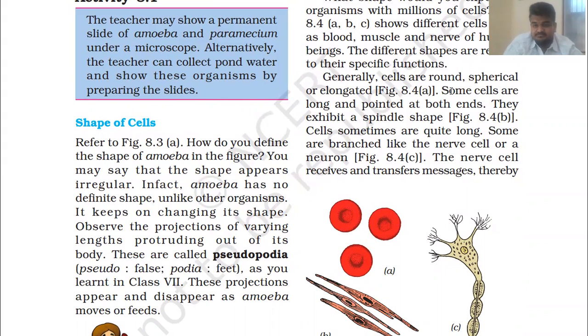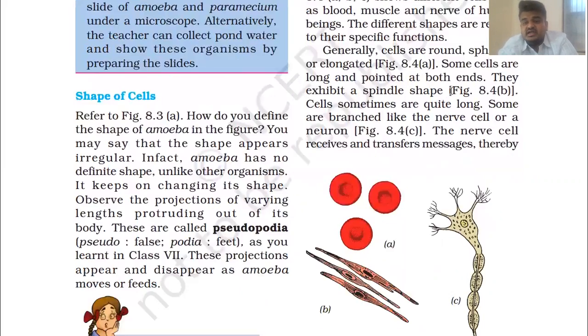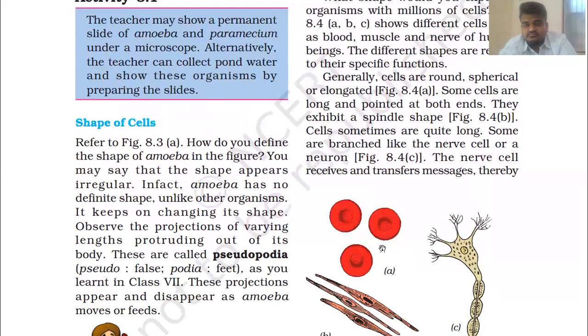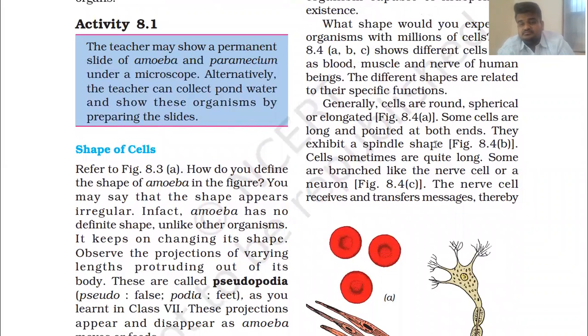Some cells are long and pointed at both ends. So you are given in this figure 8.4b. I hope all of you have the textbook right now. Some cells are long and pointed at both ends, see figure B. They exhibit a spindle shape, simply spindle shape we can say.